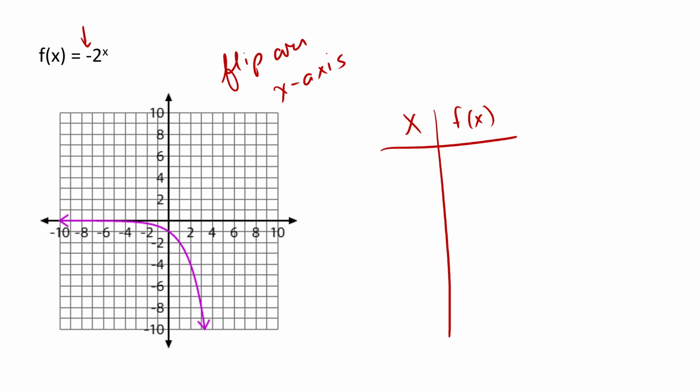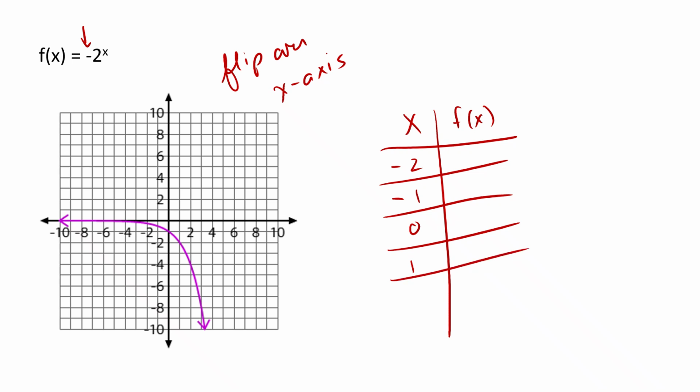All right. So if I plug in those same values that we were working with before, if I plug in a -2, I will have -2 to the -2, which would be -1/2 squared, or -0.25.